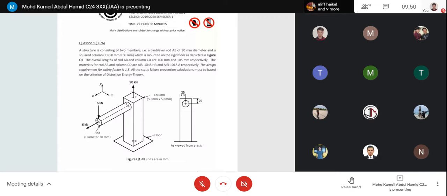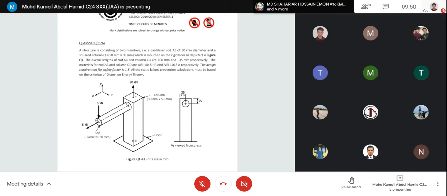And then the moment: you will have your moment MBX along the X direction. The vertical 6 kilonewton is going to create a moment of 6 kilonewton times its length, so to counter that you will have your MBX.